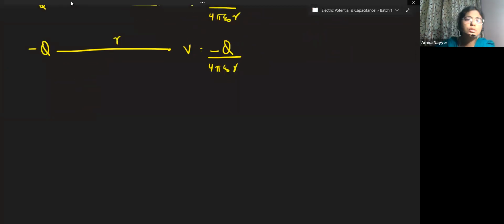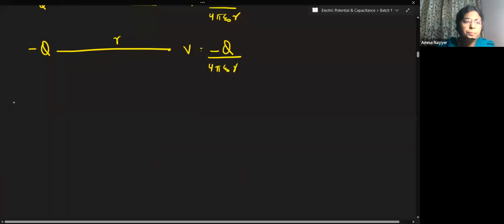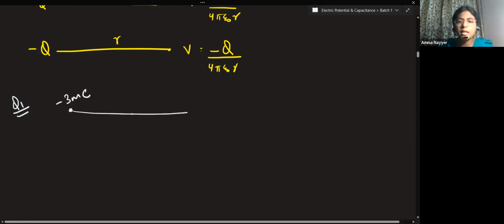Now let's do a very basic example, a formula-based equation. If this is a charge of minus 3 millicoulombs, I have to calculate the potential at this point, let's say point A, and the separation from this point is 9 millimeter.